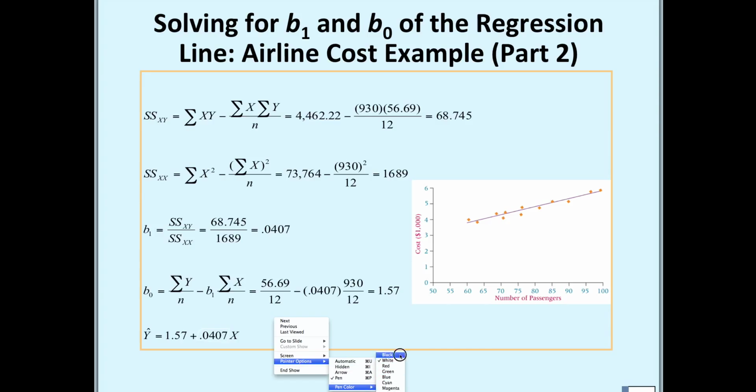Let me define what this coefficient is and what it means. It's called the marginal effect. It means if you add one passenger to your fleet, how much extra cost you will incur.